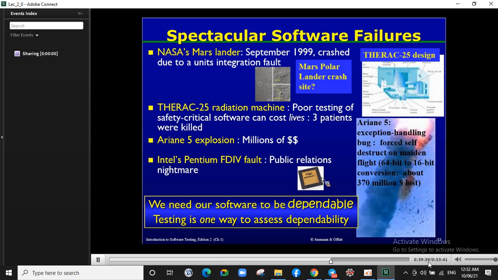But it tries to find more faults in the software product. It gives us more confidence about the product. This is one of the many tools and approaches used to assess dependability.